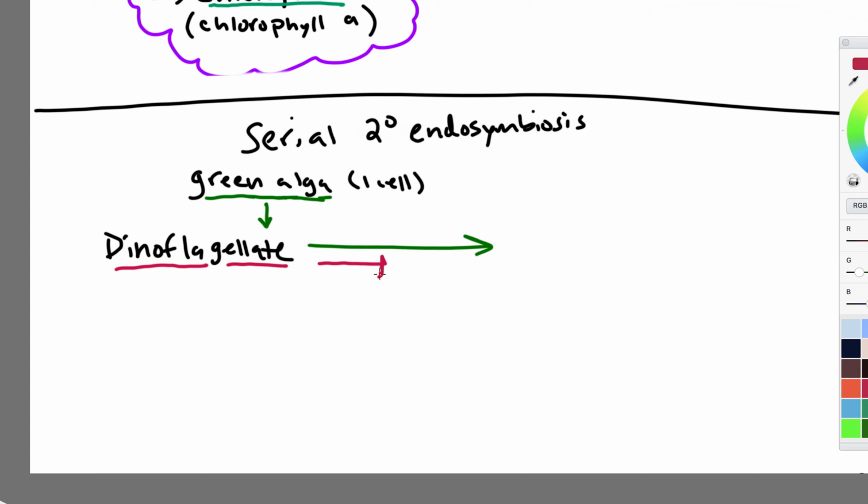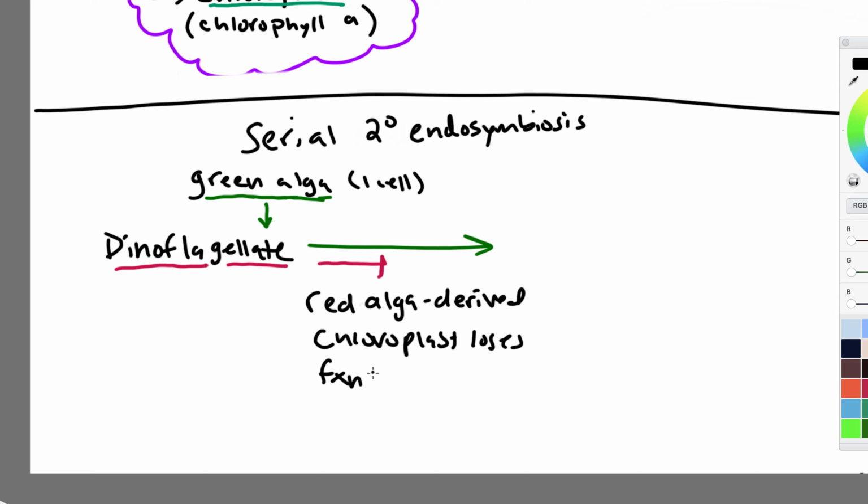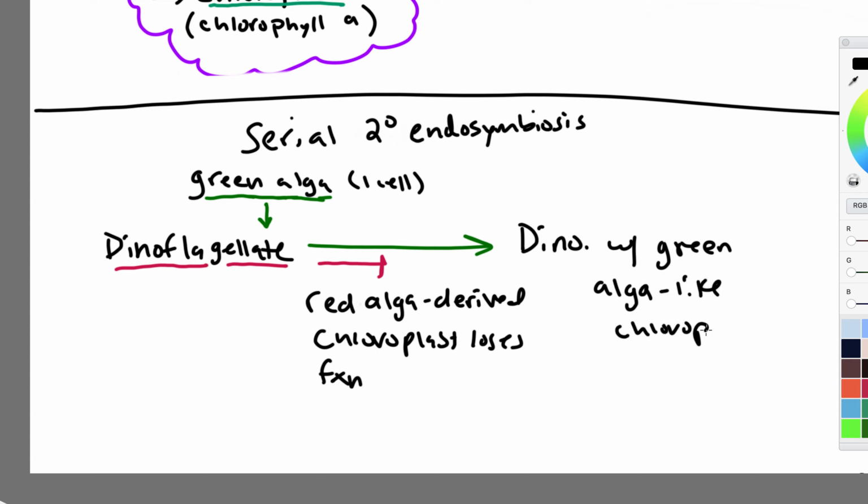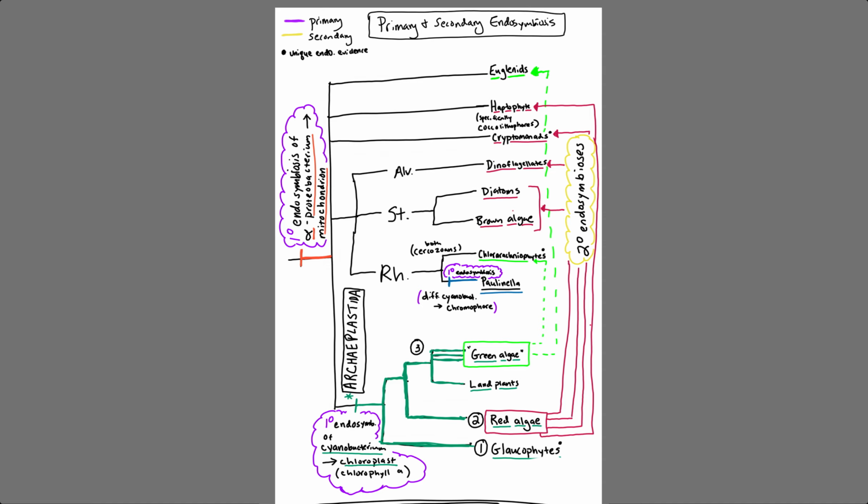Red algae chloroplast loses functionality. And so then what you end up having in the end is a dinoflagellate with a green alga-like chloroplast. All right, so now you have an overall picture of the primary and secondary endosymbiosis events in the history of life.